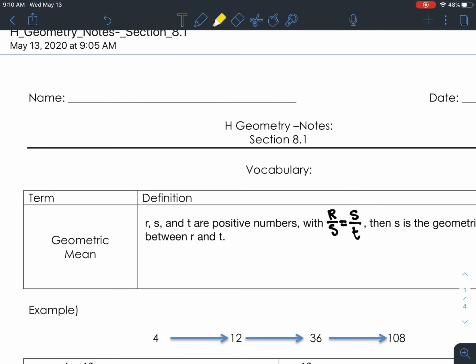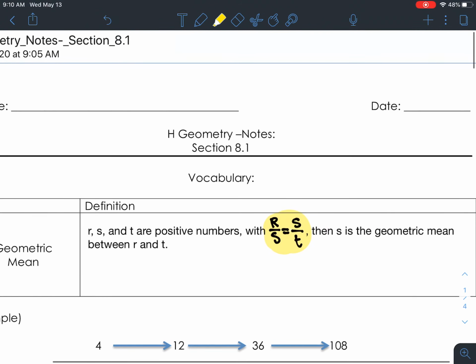This is connected to what we covered last chapter with similar triangles, where we are setting up proportional segments. So let's start from the beginning. R, S, and T are positive numbers with R over S equals S over T. Then S is the geometric mean between R and T.